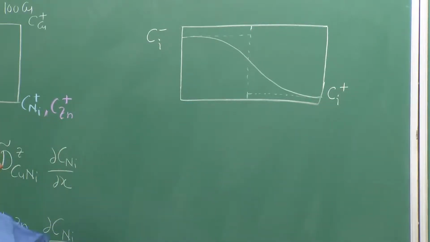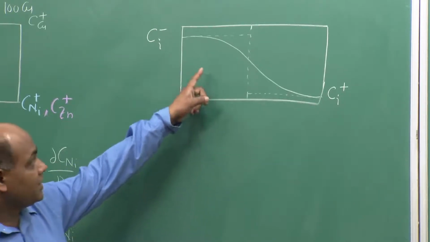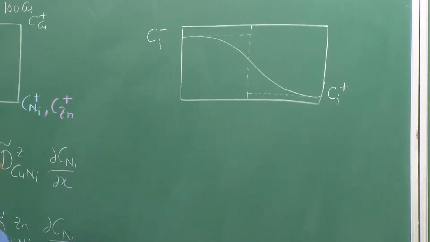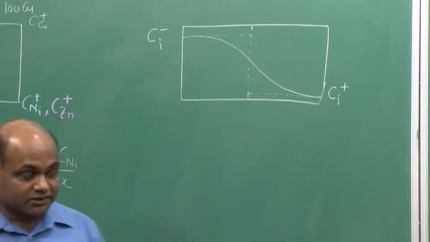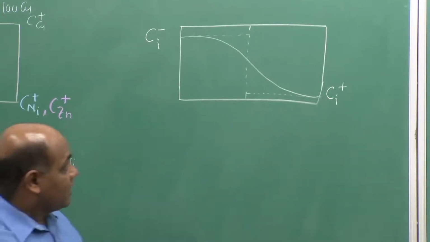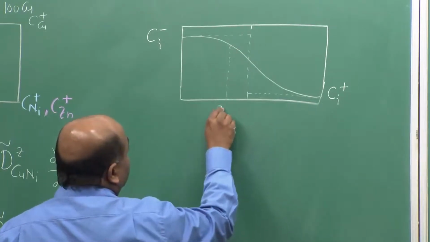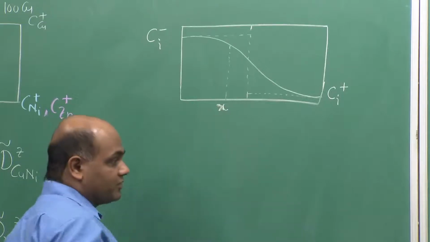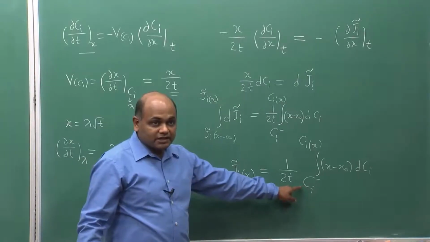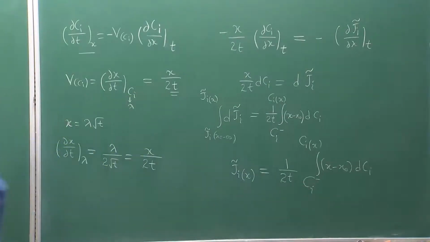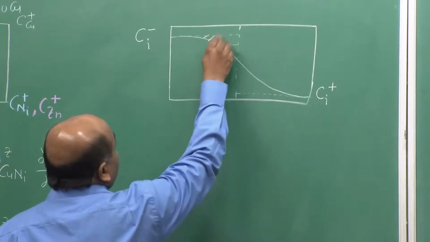So, consider any one of the profiles that developed after the diffusion annealing, let us say component i. Ci minus is again the left terminal alloy concentration, Ci plus is the right terminal alloy concentration. If we want to evaluate the interdiffusion flux at any position x, we use that formula, and here this integral is nothing but again the area under the curve. So, this integral here would be this area.